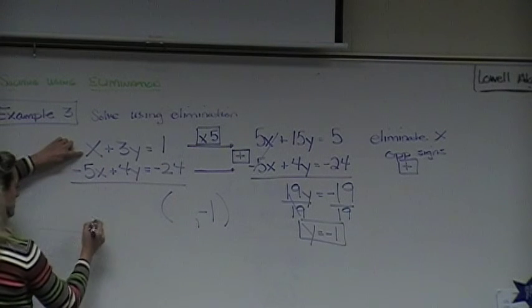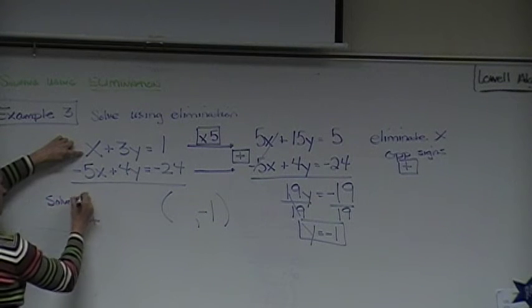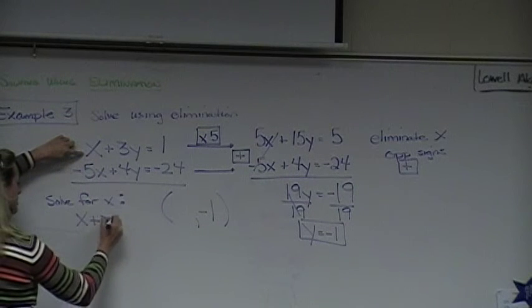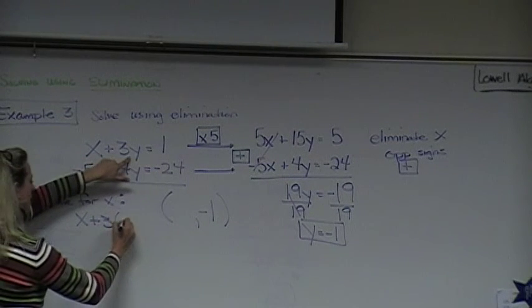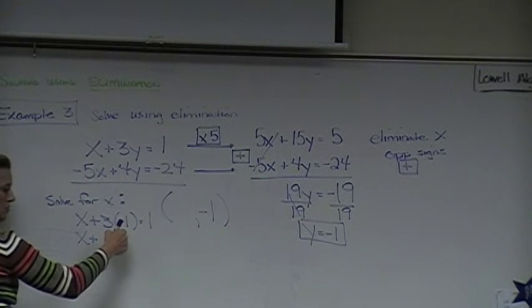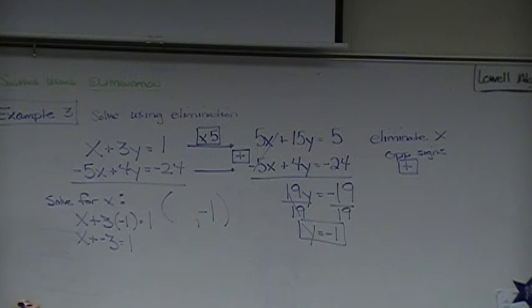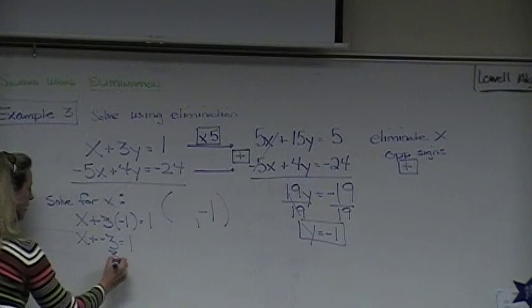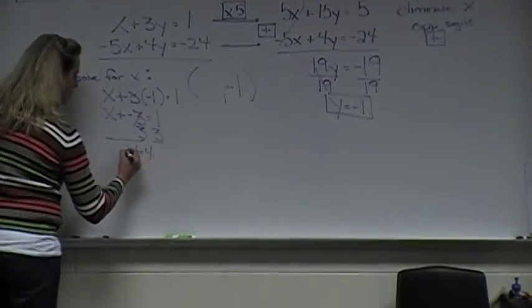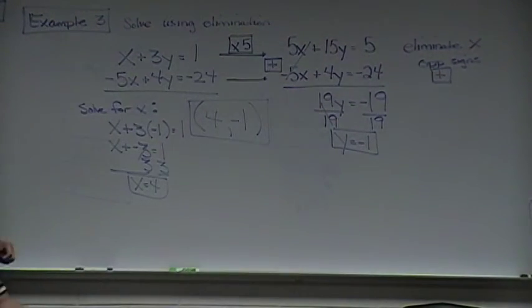So x plus 3 times negative 1 equals 1. What's 3 times negative 1? Negative 3. So x plus negative 3 equals 1. What do I do to both sides? Add 3. I get x is equal to 4, and there is my answer to that system of equations.